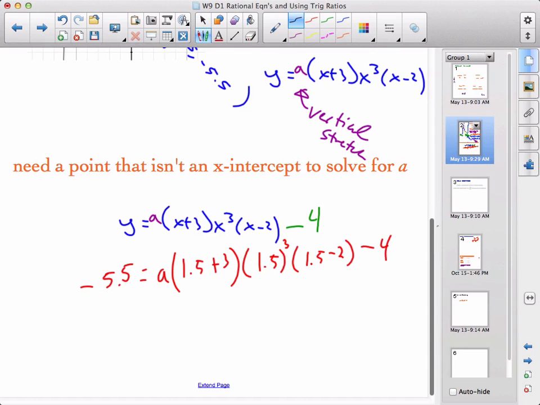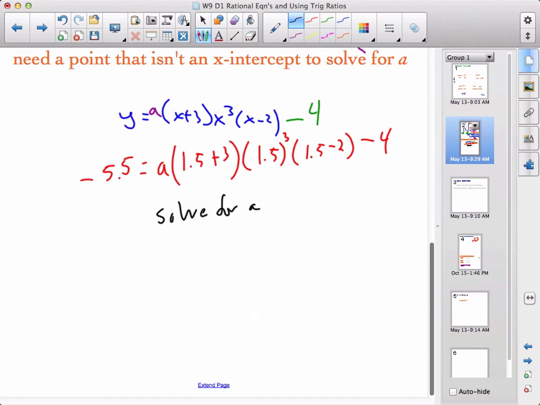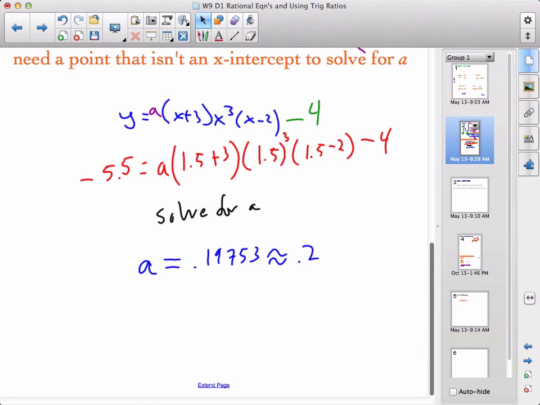Is that correct? Yep. Solve for a, which we're not going to take the time to do right now, but a equals 0.19753, which is awful close to 0.2, rounding, which is the same as multiplying by 1/5.